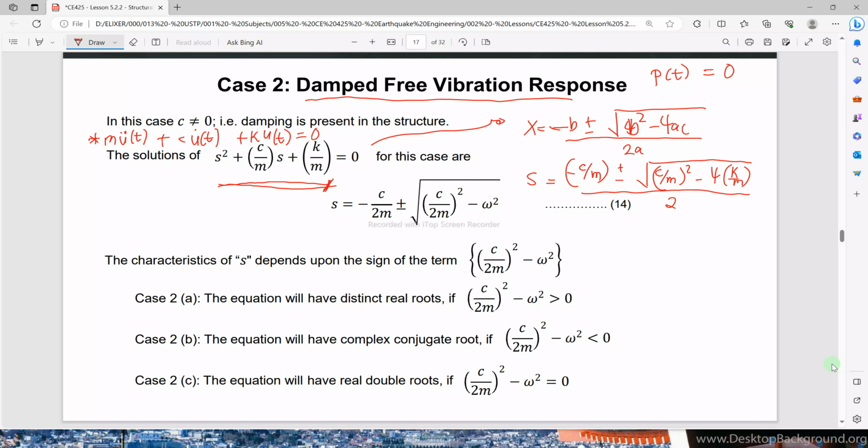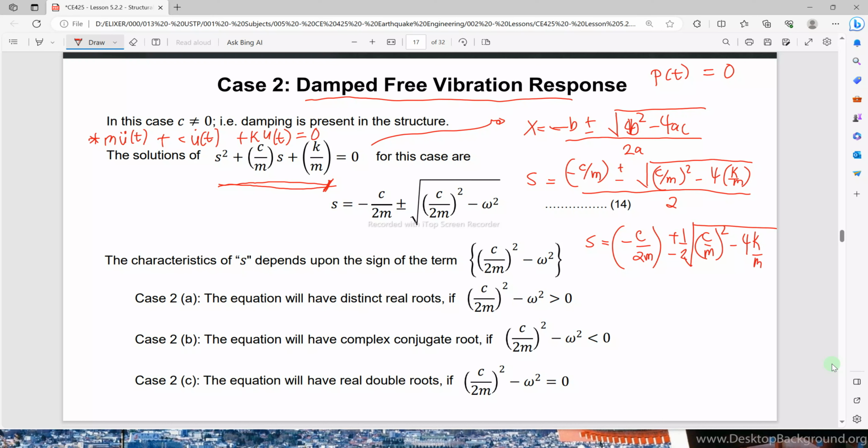over 2a, or 2. We can separate them, and that will become negative c over 2m plus or minus the square root of c over m squared minus 4k over m, all times 1 half.